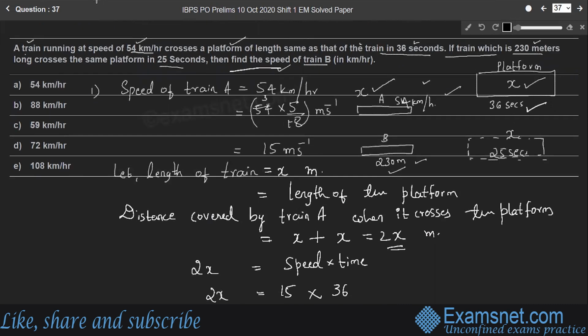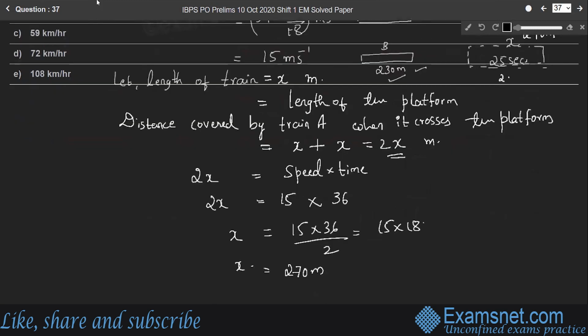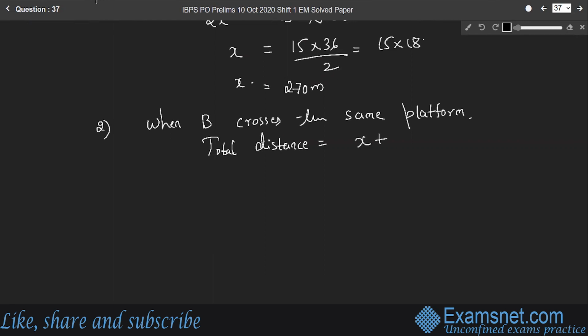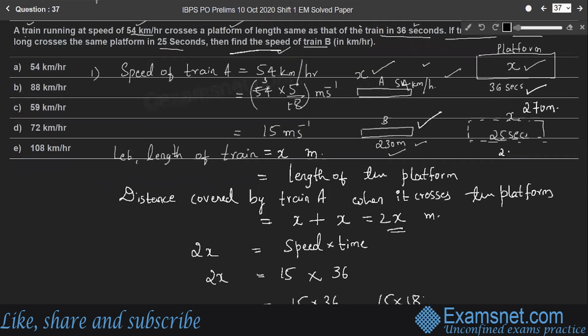So what is asked? Find the speed of train B. Here, the platform length is 270 meters, the value of x. When B crosses the same platform, it takes 25 seconds. Consider the second case. When train B crosses the same platform, the total distance covered is the length of the platform plus the length of train B, which is 230 meters.